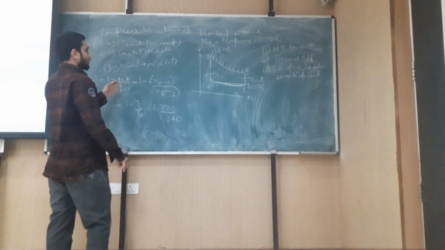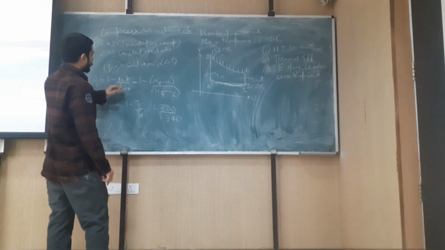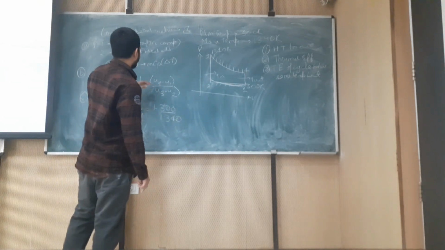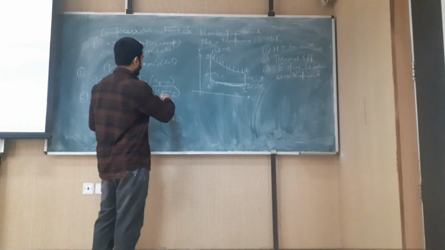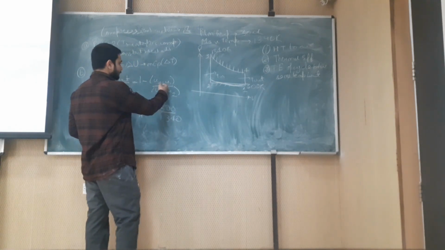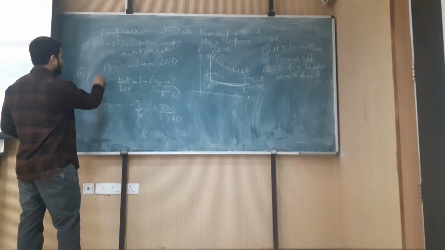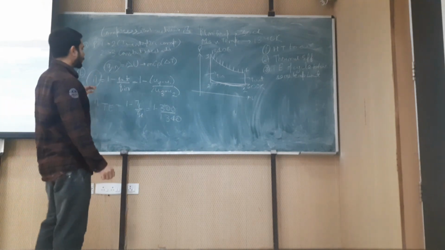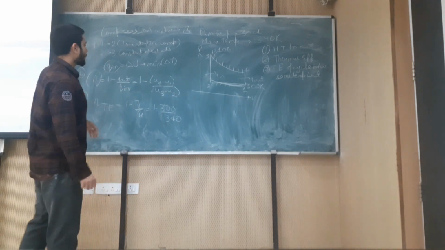Same as how we found Q in, we can find Q out, which is delta U, or U4 minus U1. Like this, using the internal energy we can find the efficiency for the process.